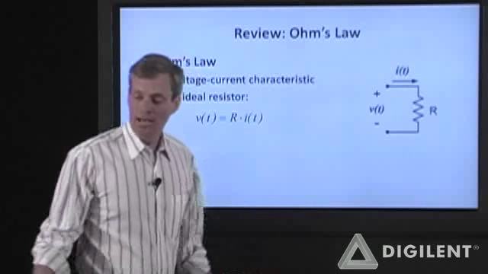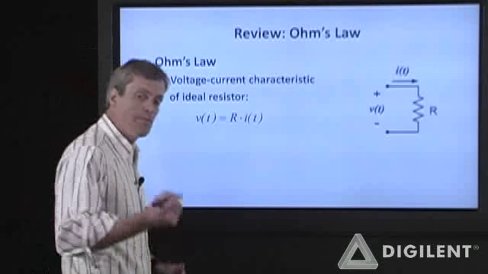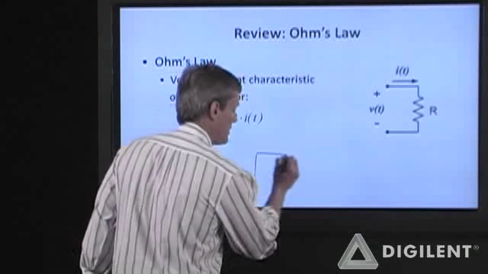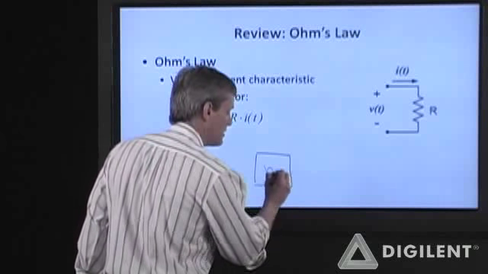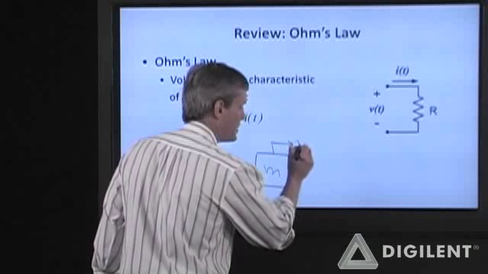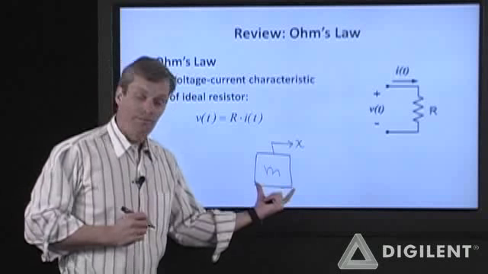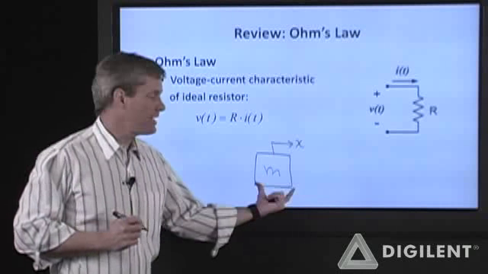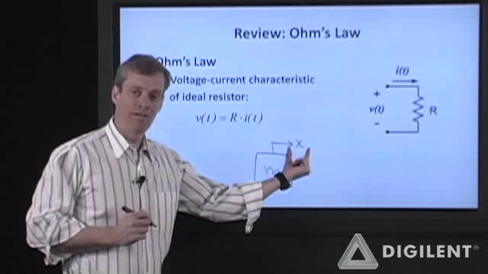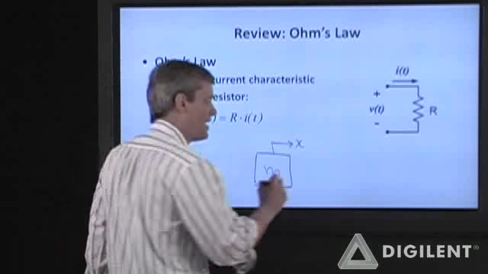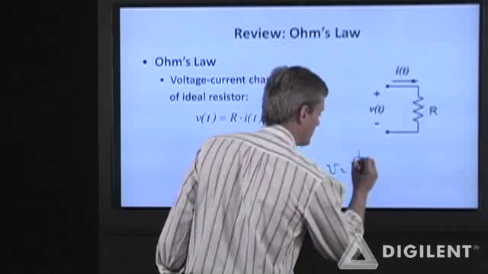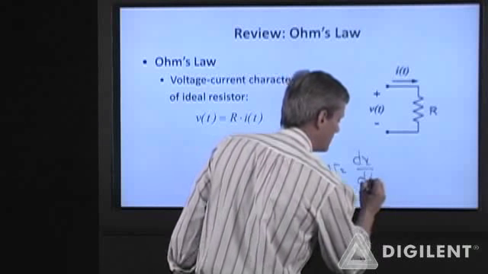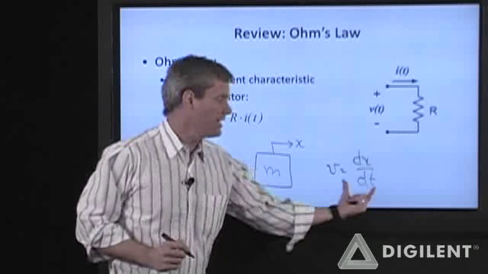That's kind of analogous to the case of a dynamics problem, for example. If I have some mass that has some position x, and if I'm interested in the velocity of that mass, I can determine the velocity by the rate of change of position with time. Velocity is dx dt.